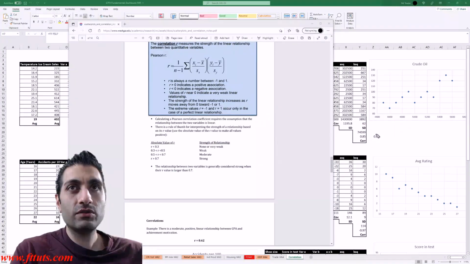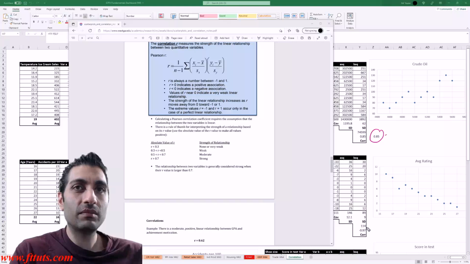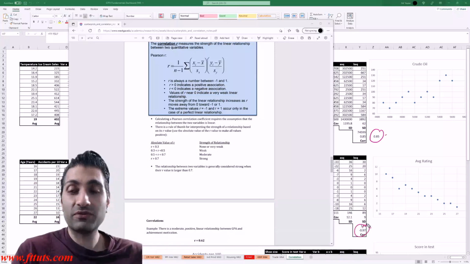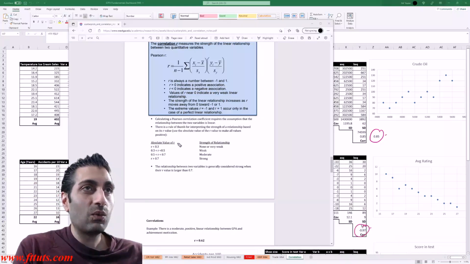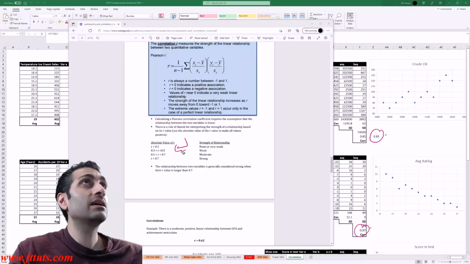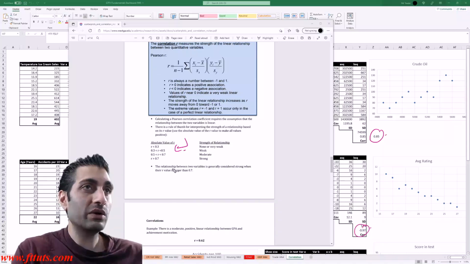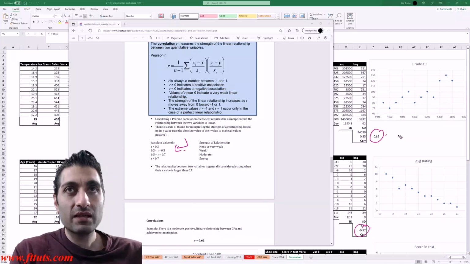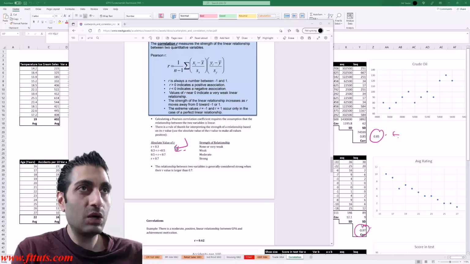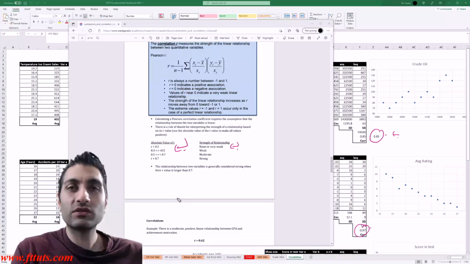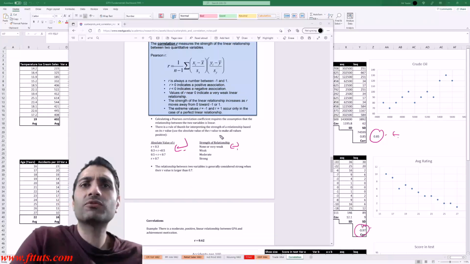So this correlation, 85%, 97%, we've been going on about for a few hours now. What this lecturer is saying, and this is standard, I got told this as well when I was learning correlation, is that when the correlation is below 0.3, the strength of the relationship is very weak. And same for negative correlation.